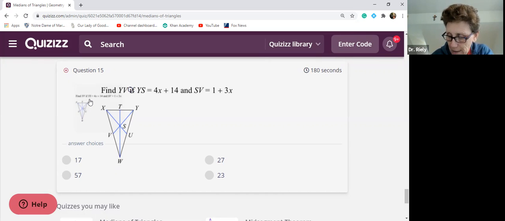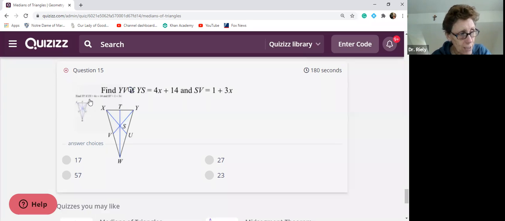So YS is 38. Okay, plug in 6 for SV, and you get 1 plus 6 times 3 is 18. That's 19. So now I have the two inside pieces. Add those guys together, 38 plus 19, and that's going to give me 57, and that is my answer.